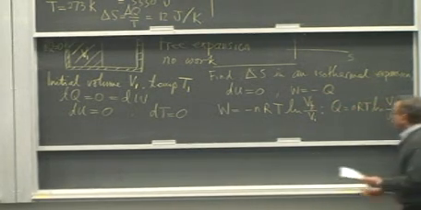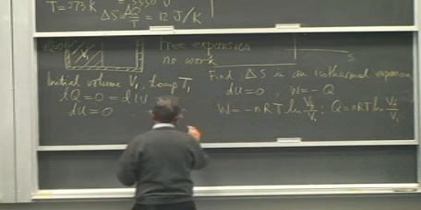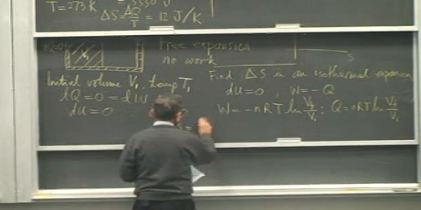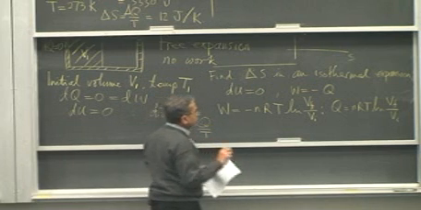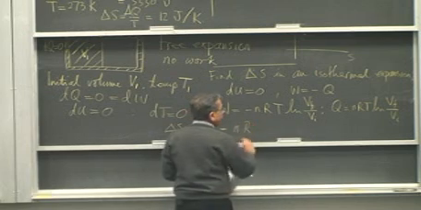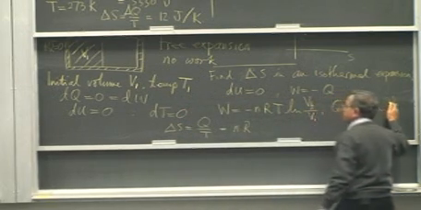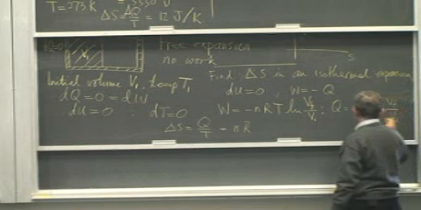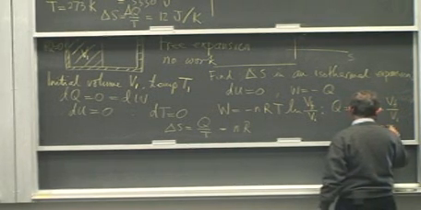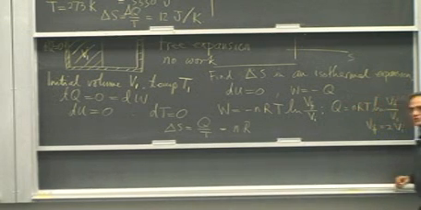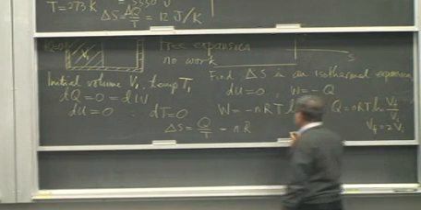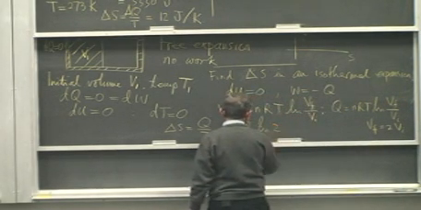And since delta S is Q over T, therefore this is equal to nR, and since Vf is twice Vi, what we have is only log 2, so nR log 2.